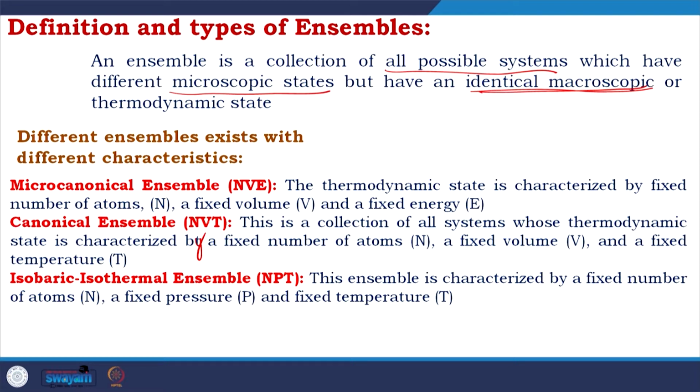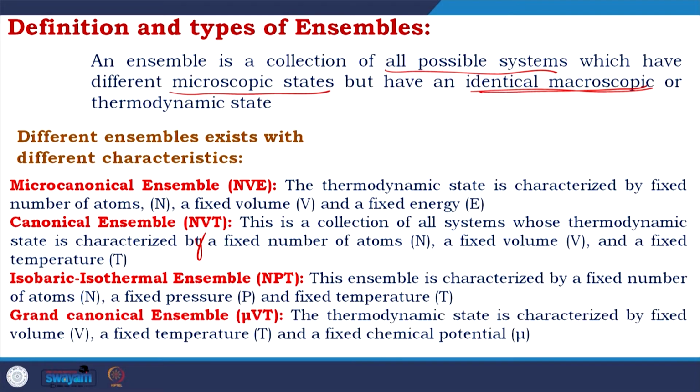This ensemble is characterized by a fixed number of atoms, a fixed pressure and a fixed temperature. The last one, grand canonical ensemble, mu VT. The thermodynamic state is characterized by a fixed volume, a fixed temperature, and a fixed chemical potential, which is defined by mu. So, we have discussed periodic boundary conditions and their role, we have discussed phase space, and we have discussed ensembles.